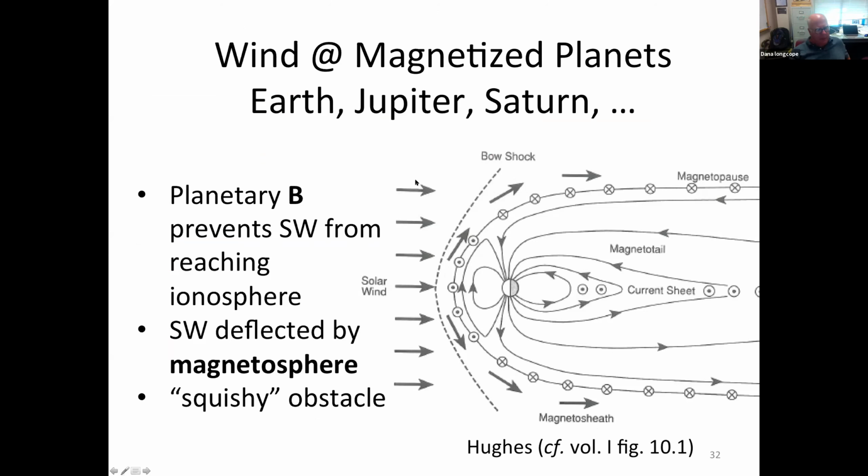Now, the last bit of this I want to talk about is the fact that if we're dealing with a magnetized planet like the Earth, Jupiter, or Saturn, we're not a solid sphere, but still the solar wind hits this magnetized object and has to go around it. So we still have a bow shock. But you also have the magnetopause, where the Earth's magnetic field meets the solar wind.